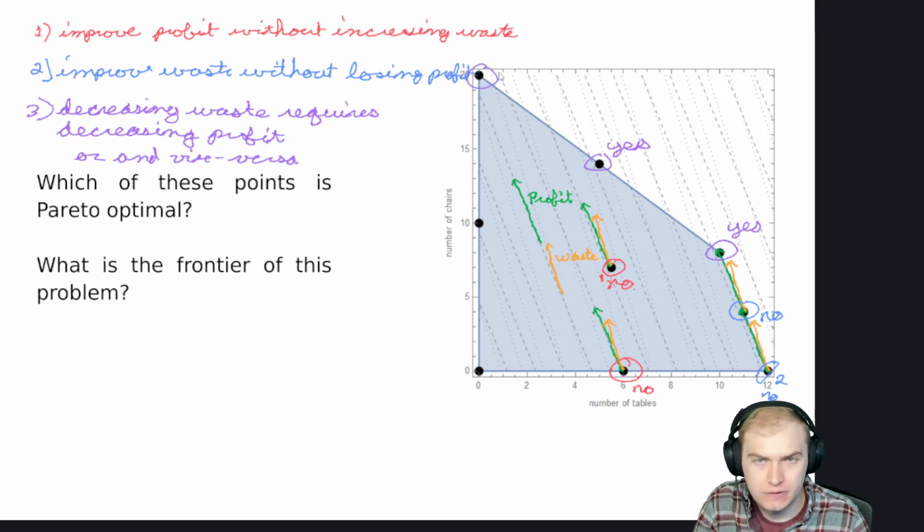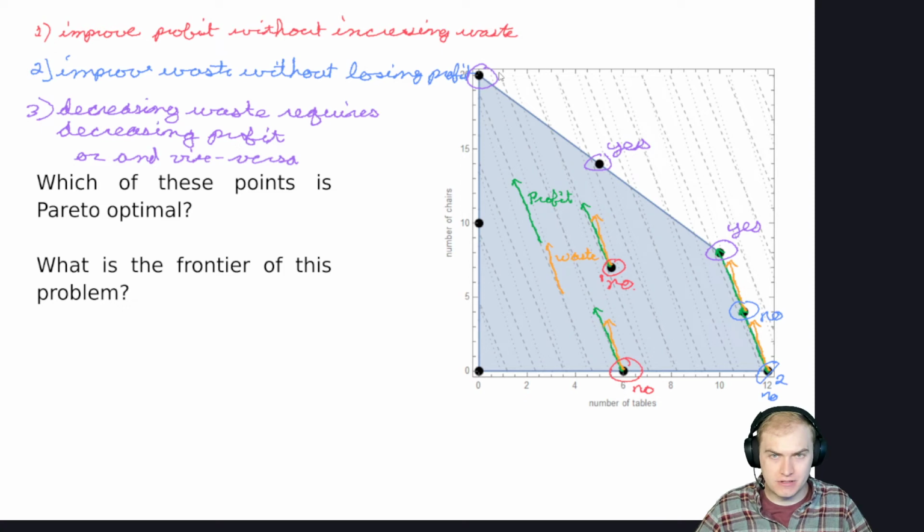What about that point? Well, we have a similar sort of argument. We can't continue in the same direction, but if we move straight down this constraint, we're still decreasing waste. We're also still decreasing profit. But that's the only direction we can move that we haven't already explored.